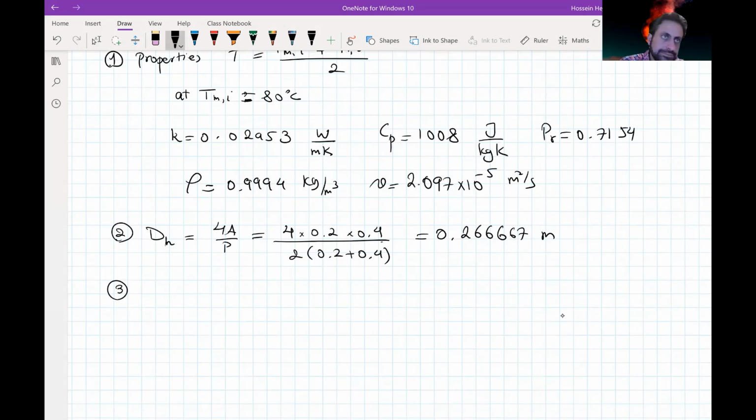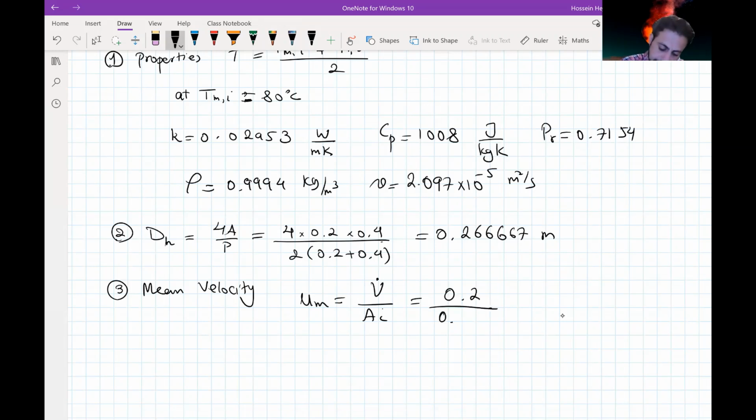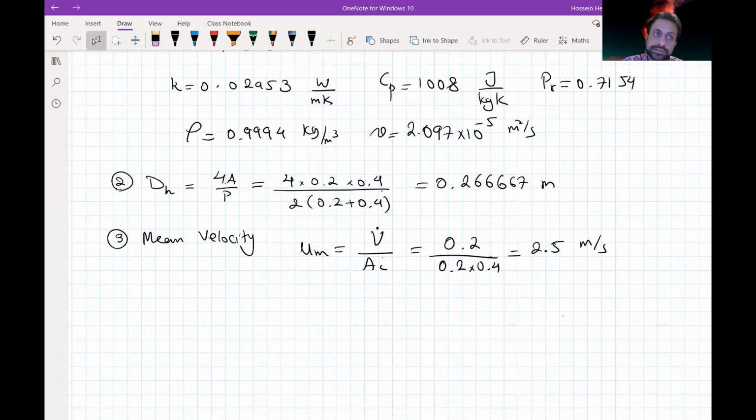For the mean velocity, U mean is the volumetric flow rate divided by the cross-sectional area, 0.2 cubic meter per second divided by 0.2 times 0.4. So this is 2.5 meter per second, the air velocity inside this duct.